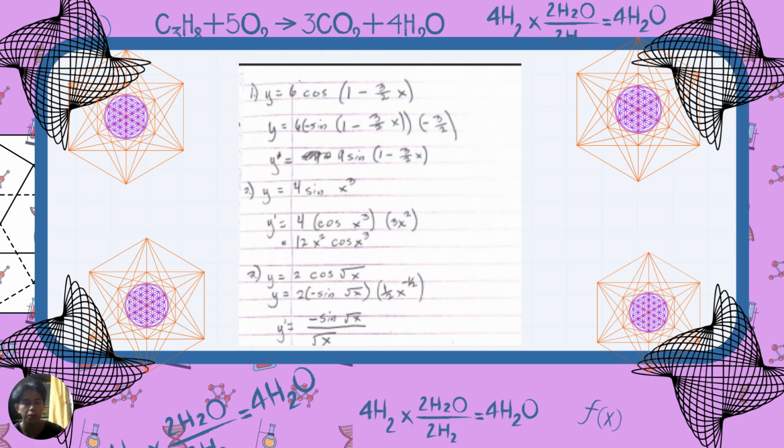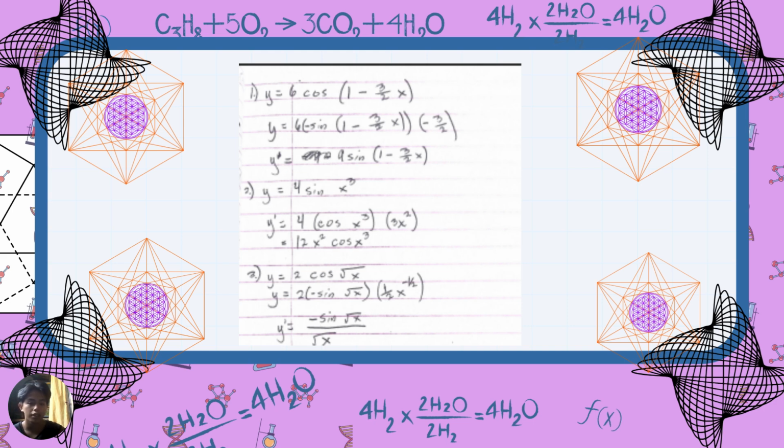And then number 2 is y equals 4 sine x cubed. So let's copy the 4, and then the derivative of sine is cos, then copy the x cubed, and then the derivative of x cubed is 3x squared, where we just bring down the 3 and then copy the x, and let's subtract the exponent by 1.